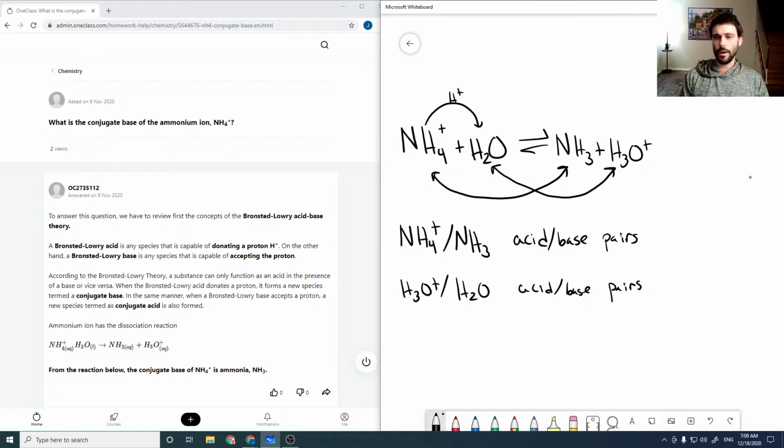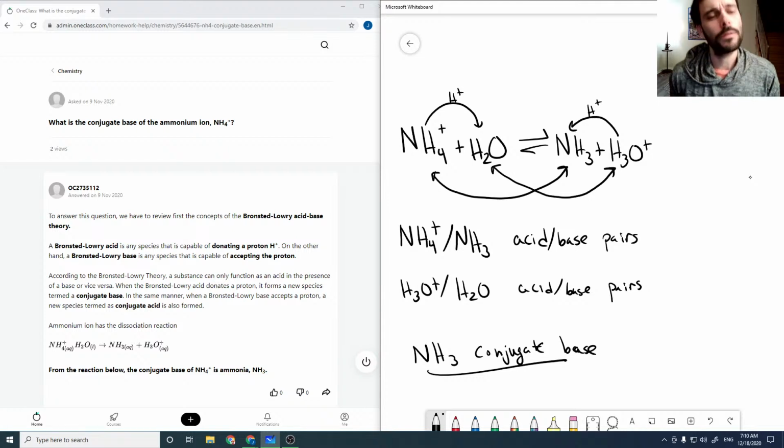Okay, so on the left-hand side, NH4 plus acts as the acid, and on the right-hand side, H3O plus acts as the acid. And then the role of base swaps on left and right as well. So we say that ammonia, or NH3, is the conjugate base of NH4 plus. And you can see that we just remove H plus from the acid to get our conjugate base.